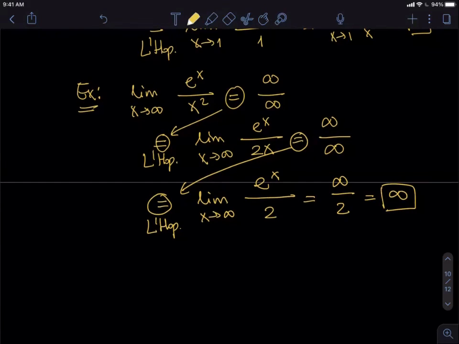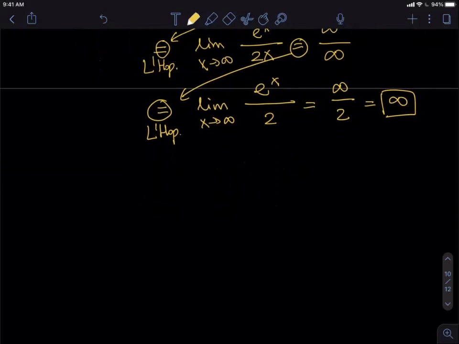And here we have to apply it twice, but we should be patient sometimes because it may take several iterations. So for example, let's say that we want to find the limit as x tends to 0 of sine of x minus x divided by x to the power 3, which gives 0 divided by 0.